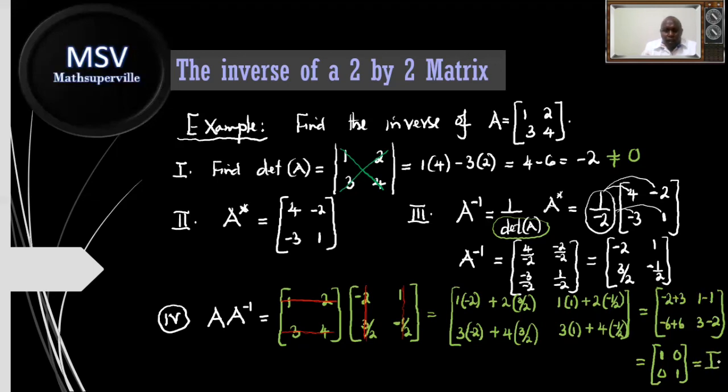And so we are able to notice that we have seen the process of finding the inverse of a 2 by 2 matrix and how we can check. So the last step is to check whether the inverse found is in fact the correct inverse. So until next time, we will stop there.